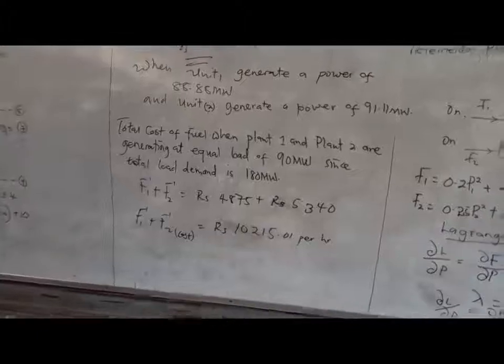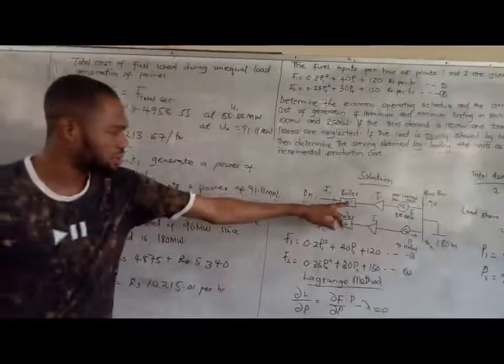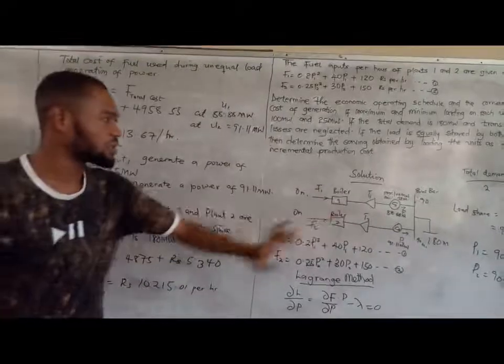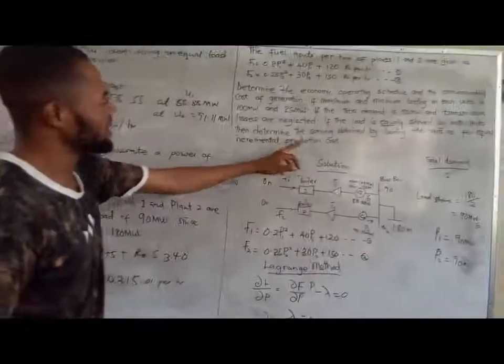So this will be the total cost of fuel that will be used to generate 90 megawatts by unit 1 and 90 megawatts by unit 2. The question is that we should obtain the saving obtained.